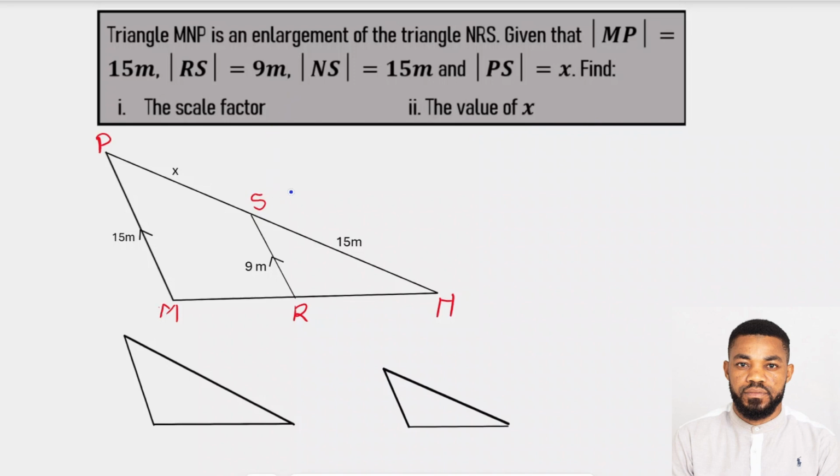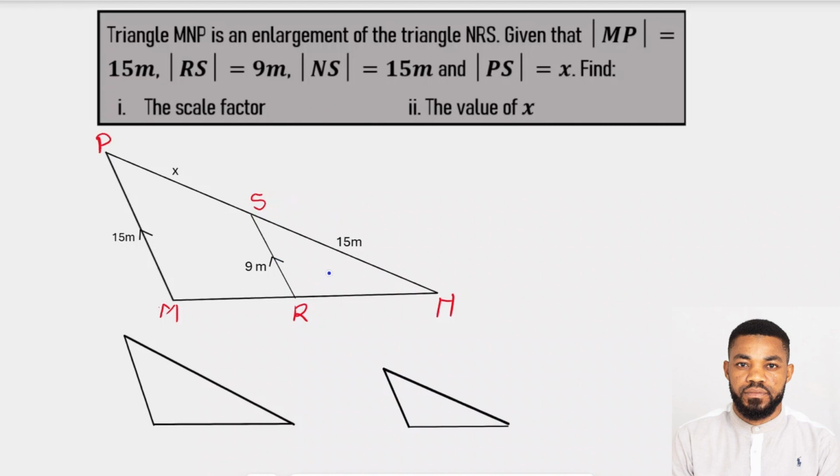Now, this is how we can get the scale factor for this enlargement. Remember that we have two different triangles, triangle MNP, that is this one. So you can say that that's the bigger triangle. And then we have the triangle NRS, that's the smaller one.